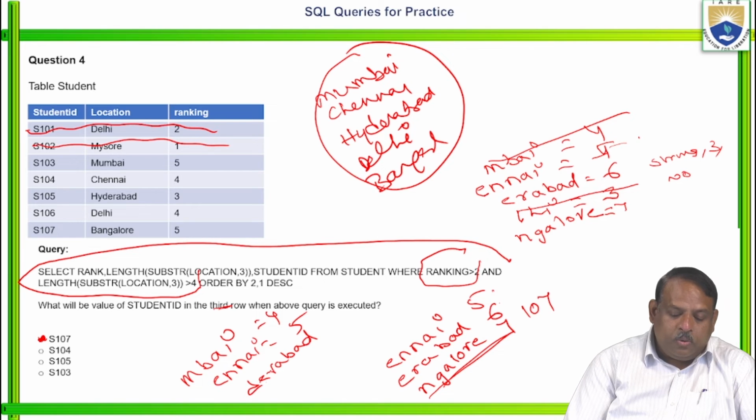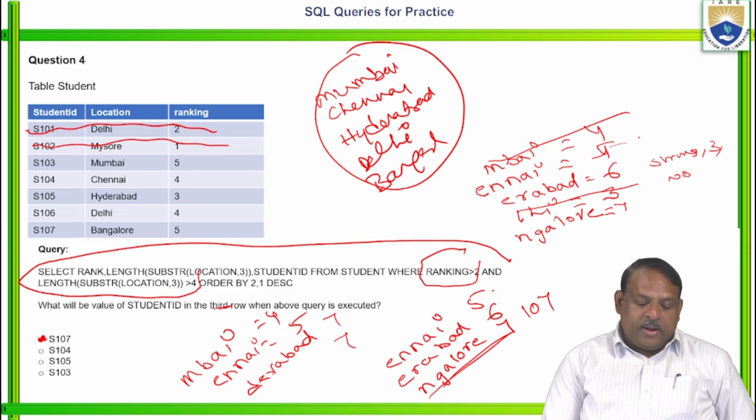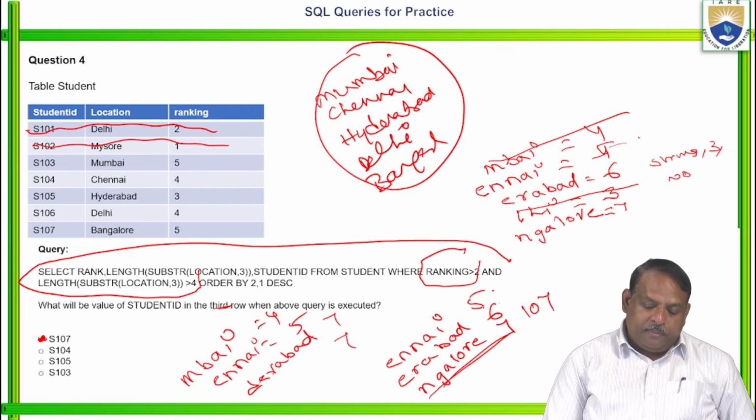So 1, 2, 3, 4, 5, 6, 7. Hyderabad is 7. Delhi will be removed. Bangalore gives NGALOR, which is 7. So we are getting 2 records with 7, Bangalore and Hyderabad.